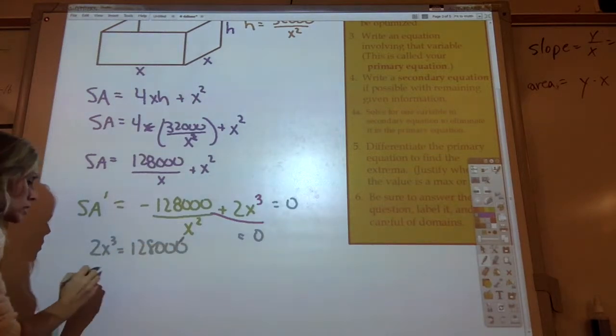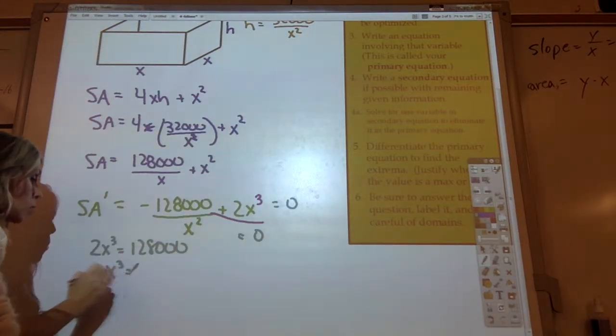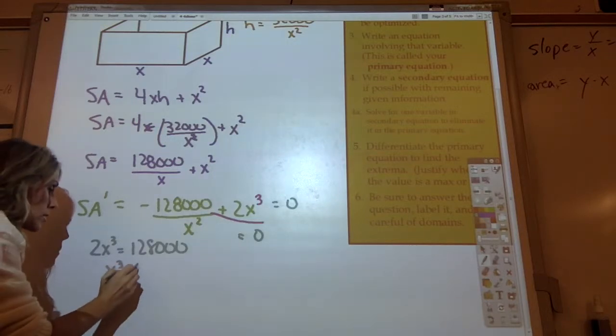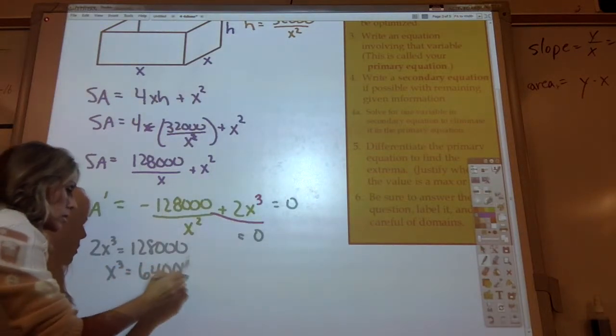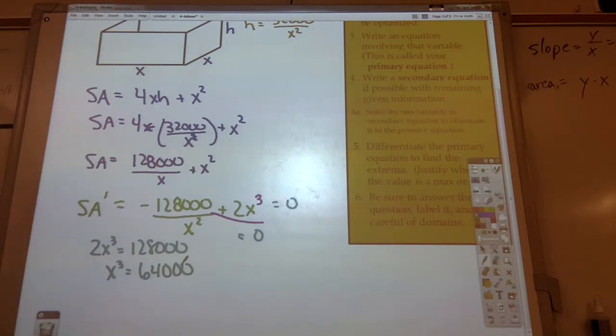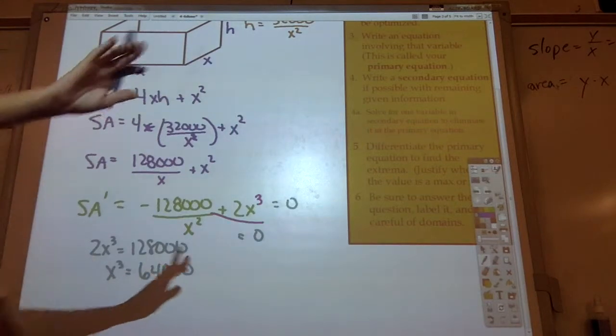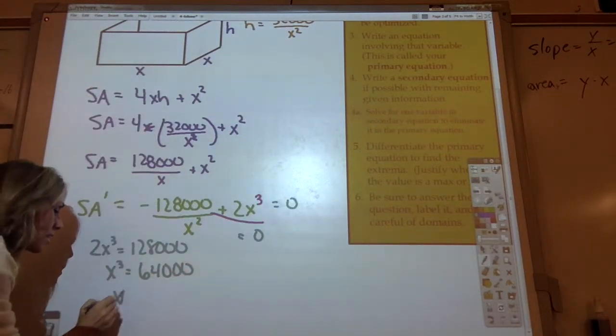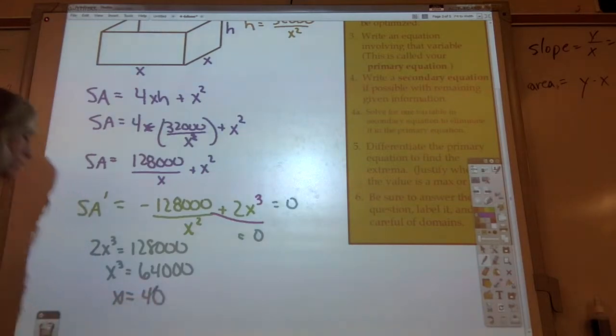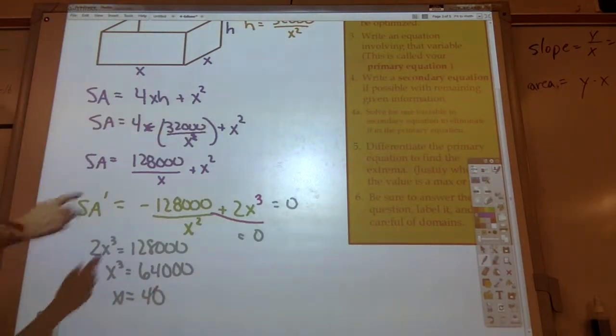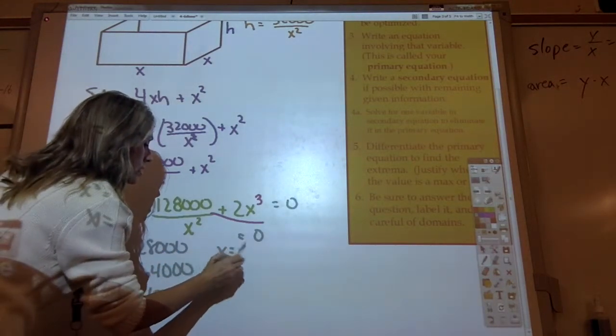So what is that? That's x cubed. Then think about cube rooting it. So x is 40, or from the denominator, x is 0.